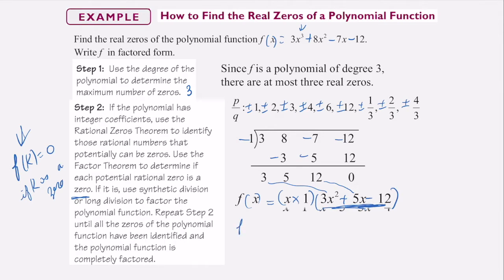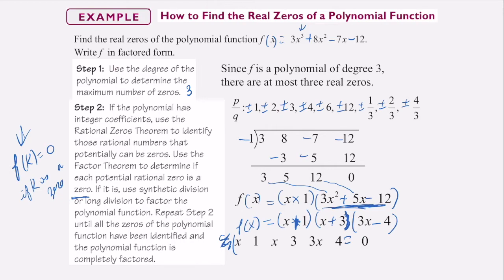So I finally get that this equals x plus 1 times x plus 3 times 3x minus 4. I set this equal to 0. This is my function.